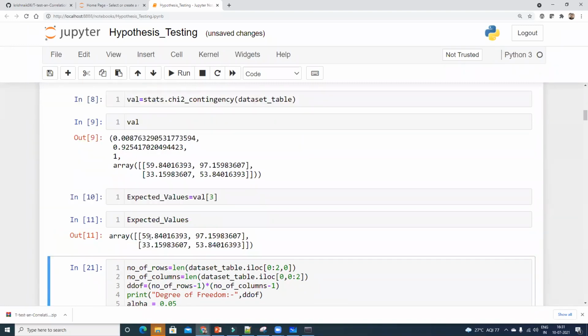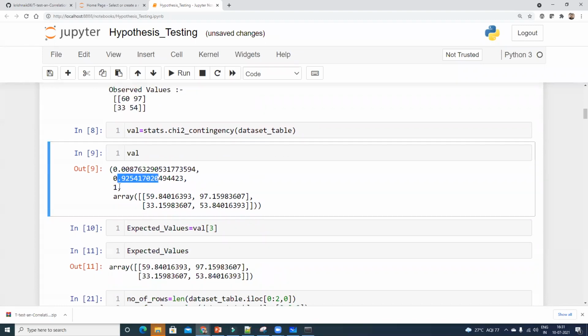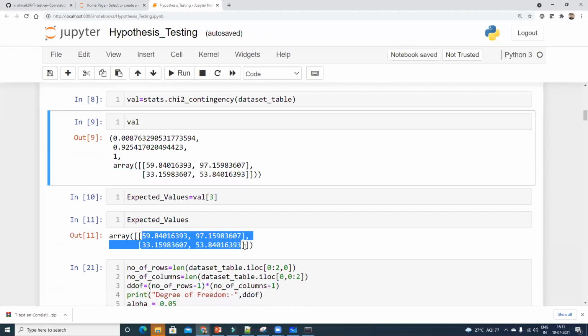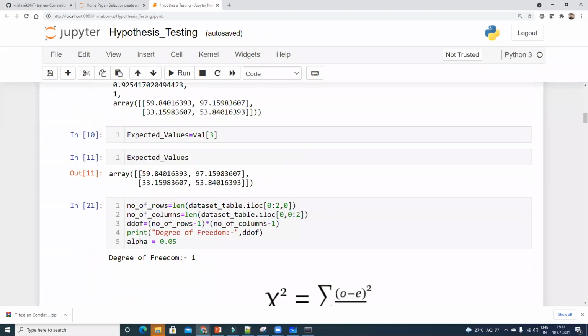We are getting the expected values. See, 3 basically means index 0, 1, 2, and 3. So what is this? This is my expected values, the values that are calculated. This is my observed values. This is my expected values. Clear?